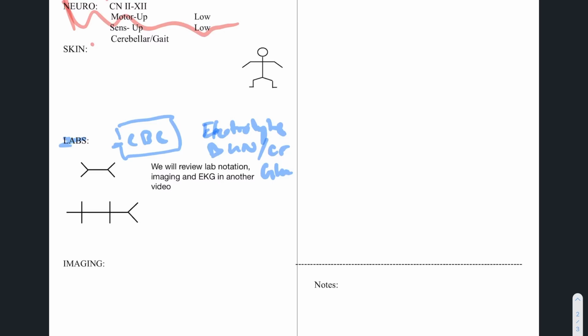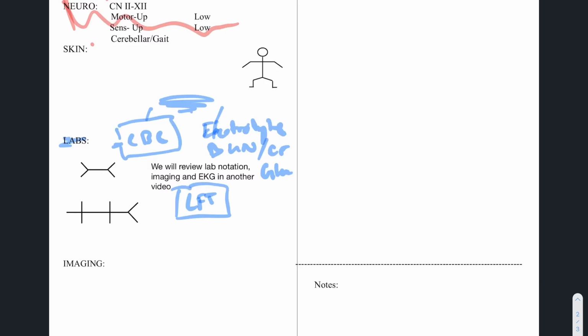The complete metabolic panel also has your LFTs, and your LFTs are your liver function tests. It tells you, is there any inflammation in the liver? So these two tests are generally ordered for everybody. The LFTs I tend to order if they have some type of abdominal issue going on, so just to make sure that there's no inflammation in the liver.